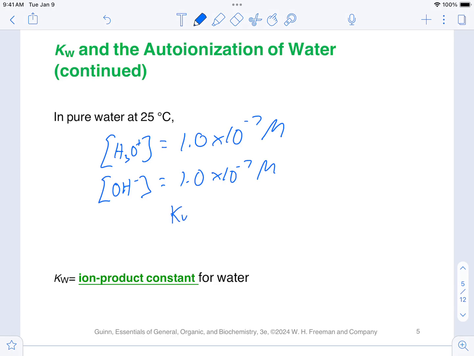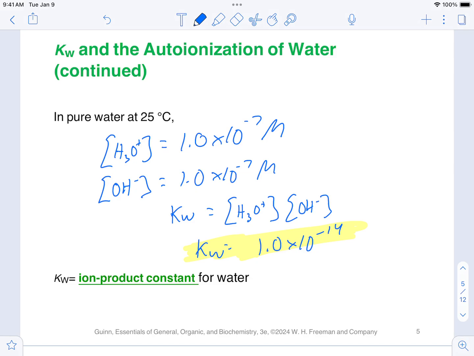Your ion product constant for water, you multiply those two ion concentrations. So if you would multiply 1 times 10 to the negative 7th times 1 times 10 to the negative 7th, you get your constant of 1.0 times 10 to the negative 14th. That is something you want to have memorized.